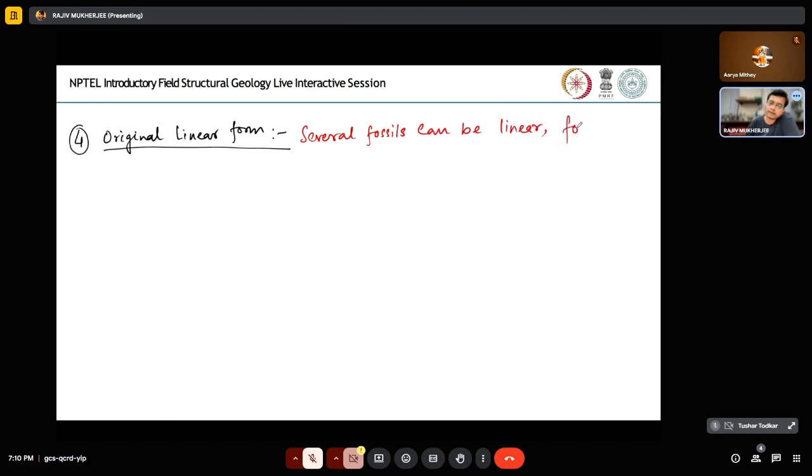For example, belemnites. These are cephalopod fossils.